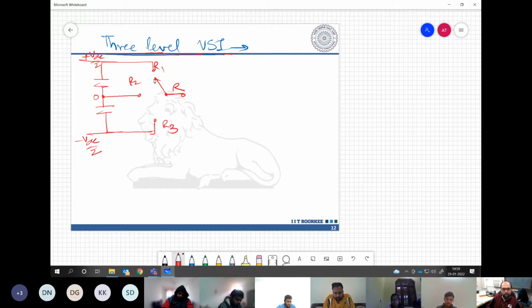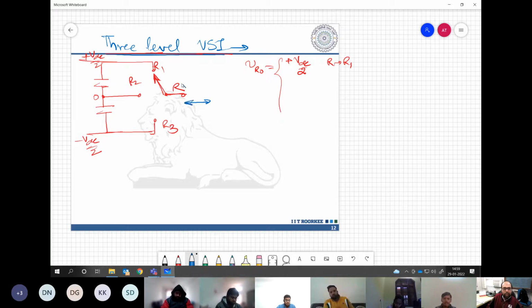For this connection R to R1, what is the voltage when you connect R to R1? Plus VDC by 2. Because we are talking about an AC load, current can be bidirectional, which means R1 should be a bidirectional switch.